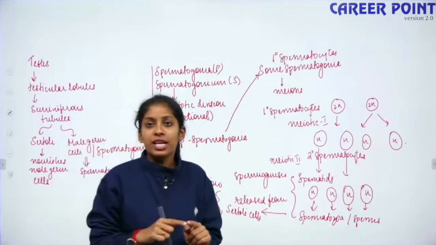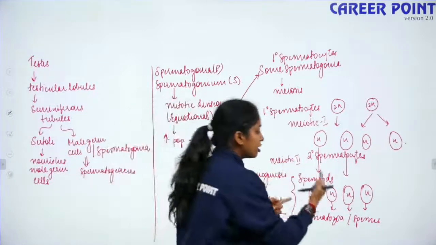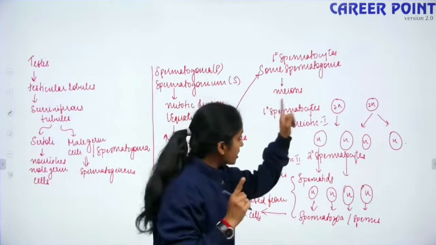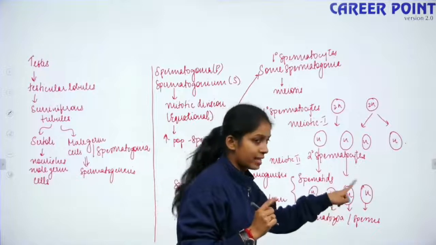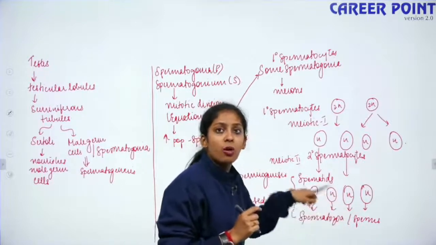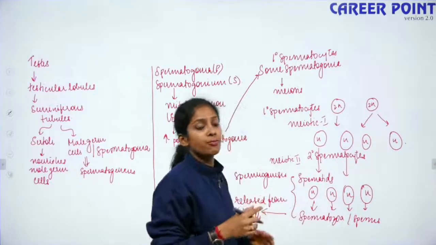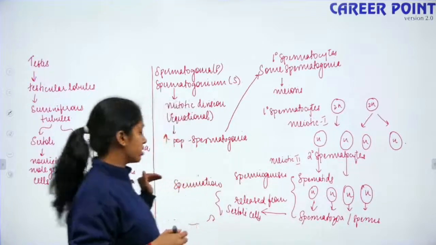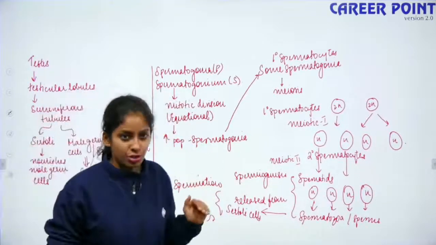Each secondary spermatocyte undergoes further division to form spermatids. So one primary spermatocyte gives you 4 spermatids. The spermatids are converted into spermatozoa. This process is spermiogenesis, and when they are released from the Sertoli cells, it is spermiation.